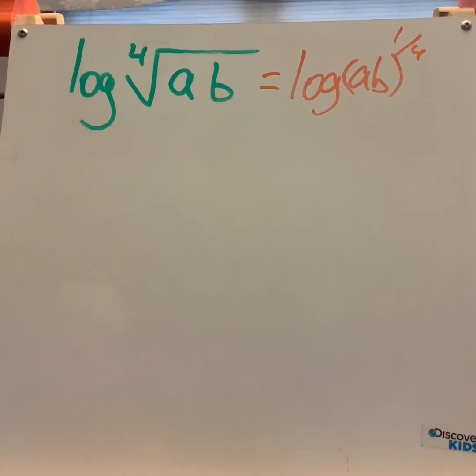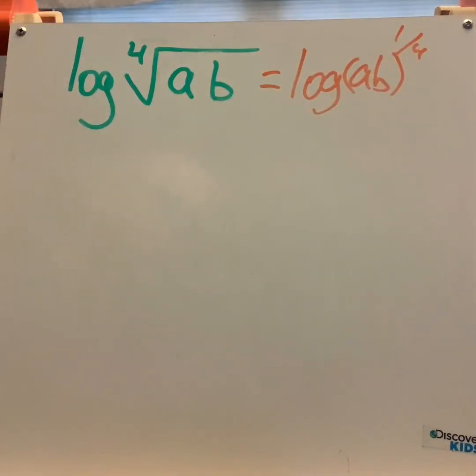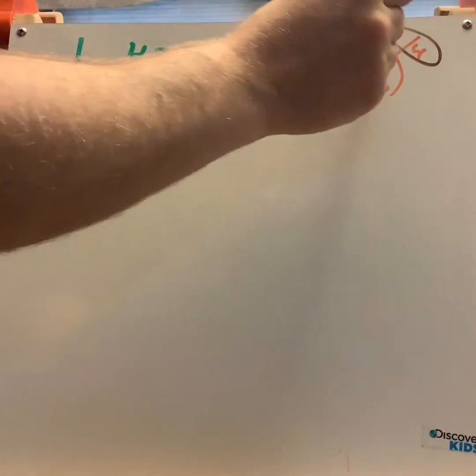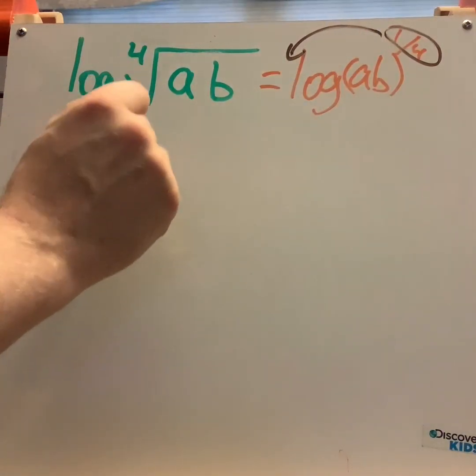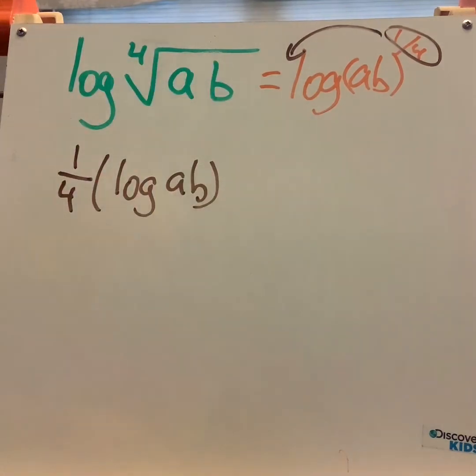Now we can expand this, okay? On the previous problems, we broke it up, then did the power rule. However, if you notice in this problem, they're both being raised to the power of 1 over 4. So we need to deal with that exponent before we can break it up. So we're going to have to take this exponent and kick it out in front first. And that becomes 1 over 4 times the log of AB, which hopefully you will have no problem doing at this point.